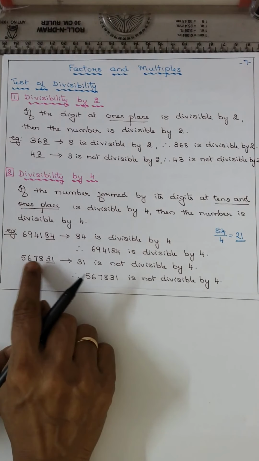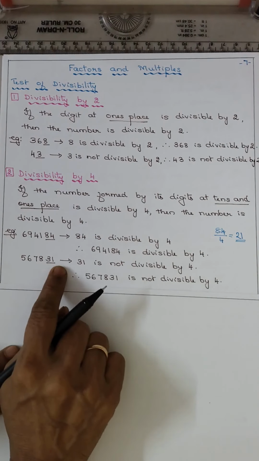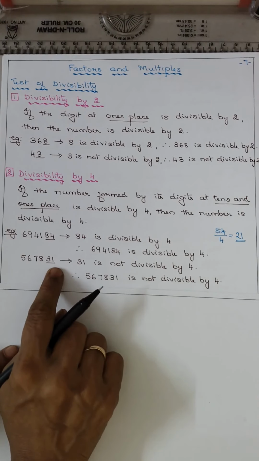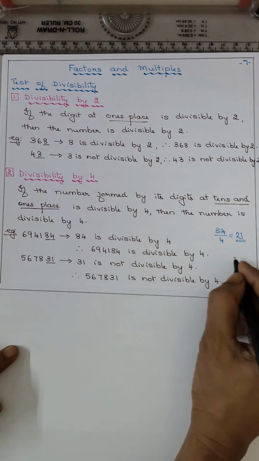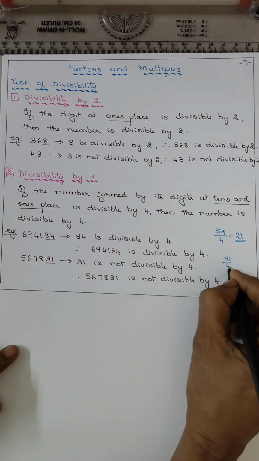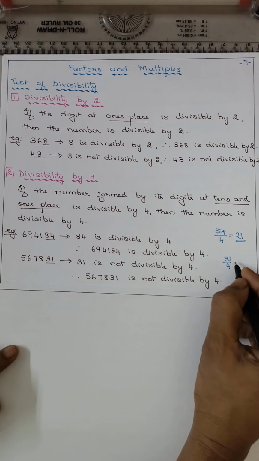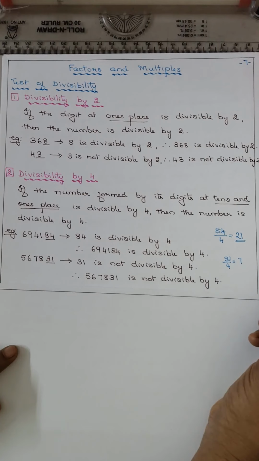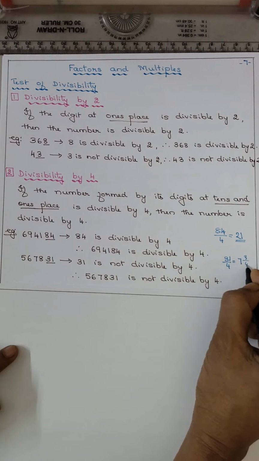Now see, in this number, the number formed by the last 2 digits is 31. Now 31, is it divisible by 4? No. 4 7s are 28, 29, 30, 31. 3 remain.